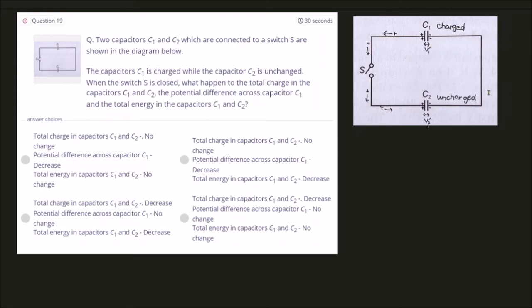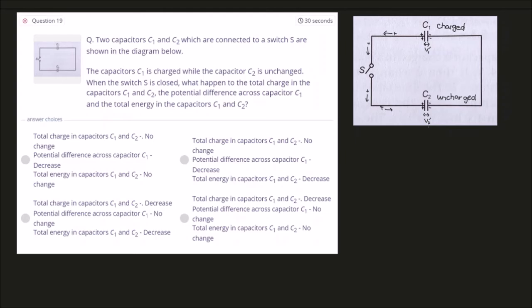The same goes for the right-hand side: the two right-hand plates should have zero potential difference across them, so charge will stop flowing. If the potential for both left plates is the same, and the potential for both right plates is the same, then the potential difference between the left plate and the right plate for both capacitors should also be the same. That's why V1 prime is equal to V2 prime.